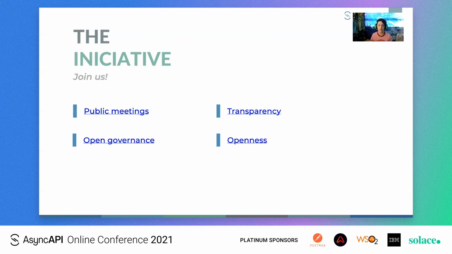All those kinds of things we talk about in our public meetings. And in fact, you can join those public meetings. They are absolutely open to the public, and I'll show you at the end of the talk all the different social media links and things that you'll need to join us so that you can add our meetings to your calendar, and you're welcome to join whenever you want.